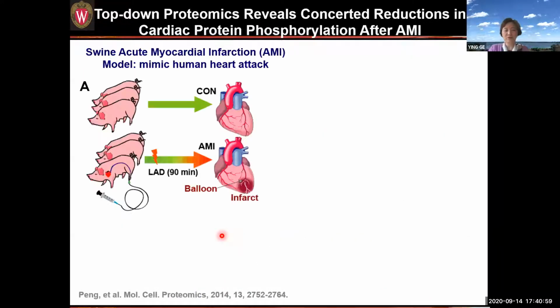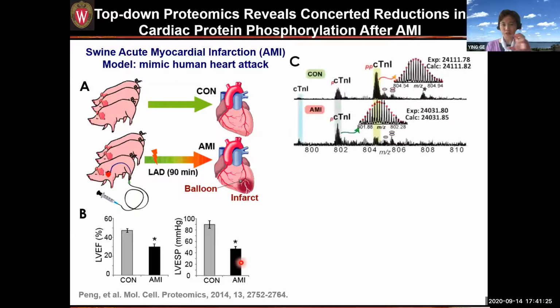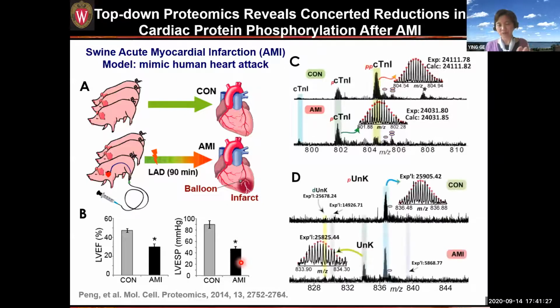When we first developed this model, it was an acute myocardial infarction model in pigs to mimic a human heart attack. We basically occlude the left anterior descending artery for 90 minutes to induce infarction. Making sure infarction definitely occurs, we take those tissue samples and do mass spectrometry.